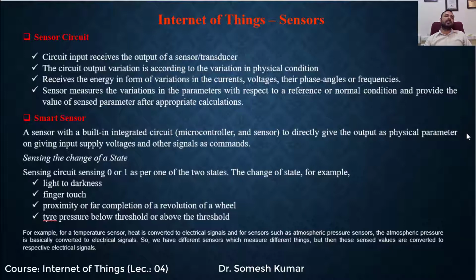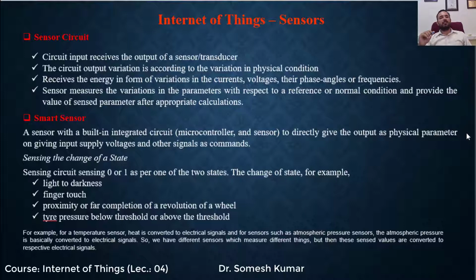Fine. So basically your sensors measure the variations of temperature or some other physical conditions with respect to some reference or the normal conditions. Fine. So it will compare those physical parameters with some reference, or with some reference it calculates its final output with some appropriate calculations. Fine. So here the smart sensor.